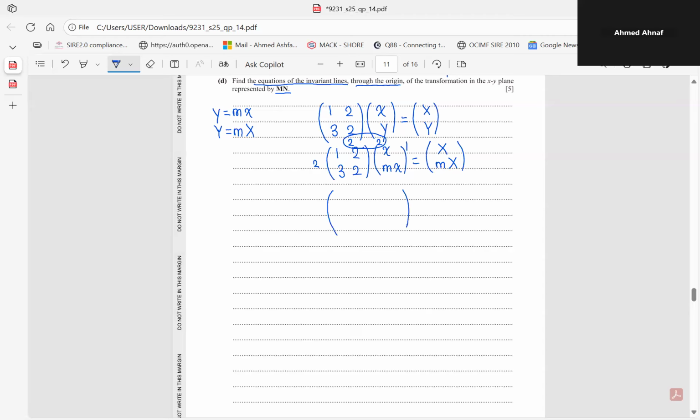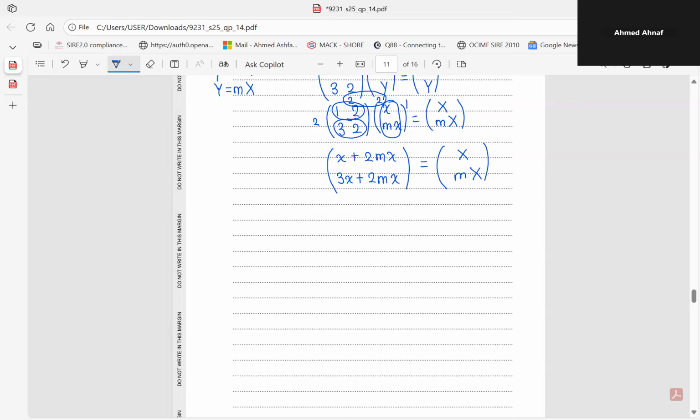Let's make space for that. To get the first one, multiply the first row by this column. So 1 times x, that's x, plus 2 times mx, that's 2mx. Then 2 times x plus 2 times mx, that's 3x plus 2mx.